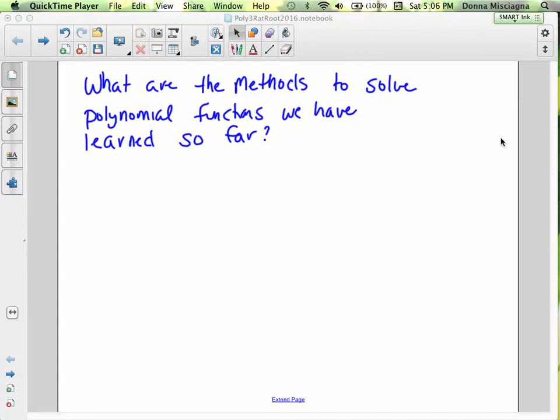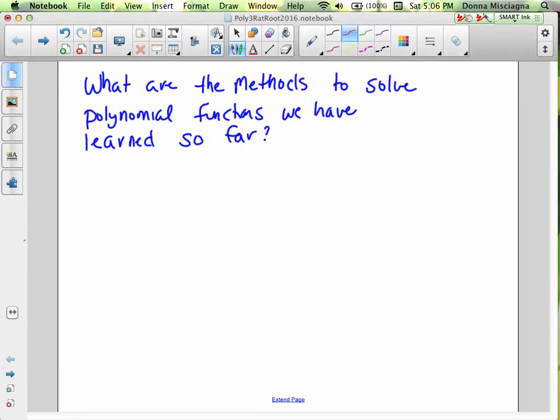So let's start this lesson by reviewing some methods we've learned to solve polynomial functions so far. Well, we've learned two. We've learned to factor out a greatest common factor.